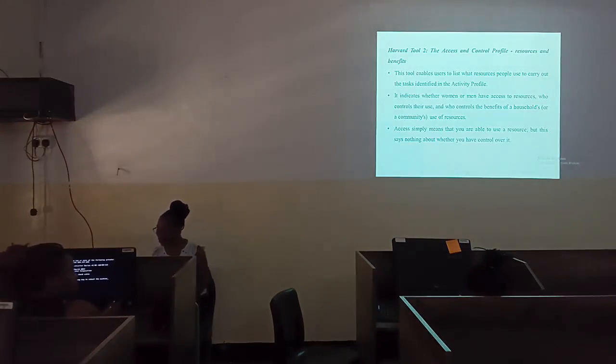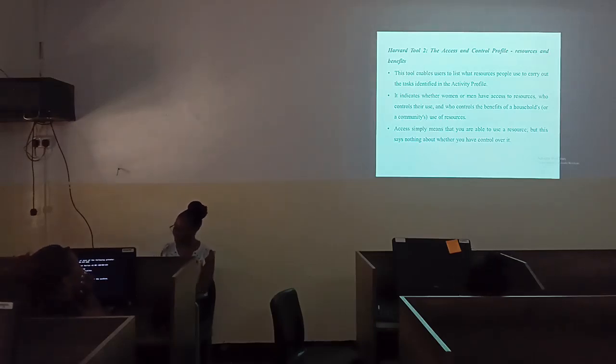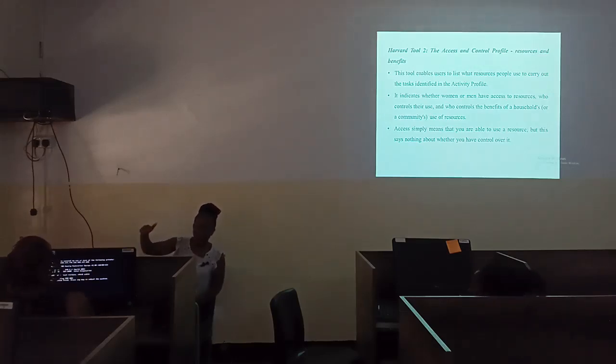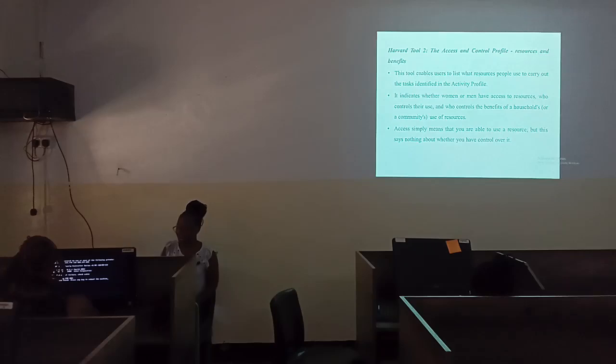So it indicates whether women or men have access to resources, who controls their use, and who controls the benefits of the household use of resources. So you list all those resources, then you ask who controls or has access to them. At first you are just listing for land preparation: you need land, you need equipment, maybe a hoe, maybe tractors, whatever equipment you are using.